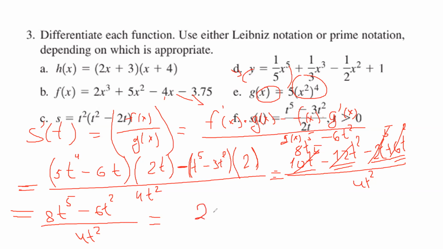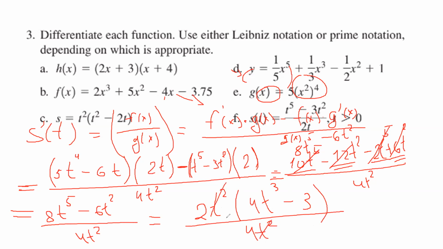You would factor, yeah, the greatest common factor. Now we see boom, boom, boom. 4t to the third power minus 3 divided by 2. This is the answer.